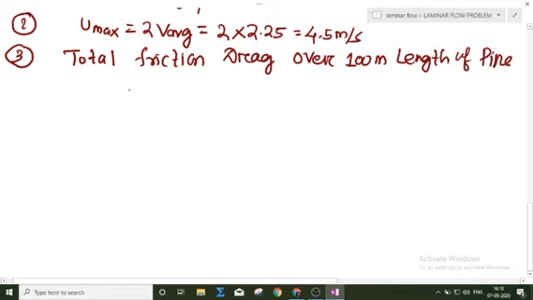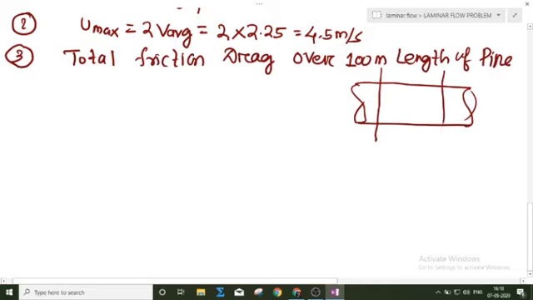Now suppose this is my pipe, and we have to find out, suppose this is my section 1, this is my section 2, and the distance between them is given to you as 100 meter. So we have to find out the frictional resistance or frictional drag.